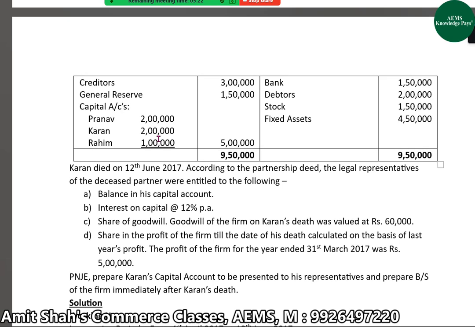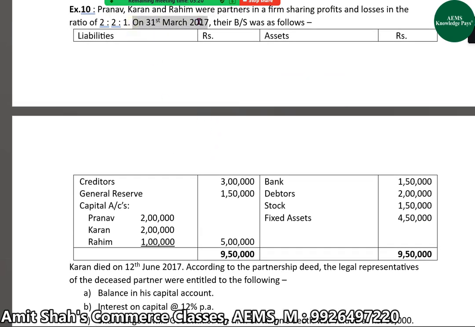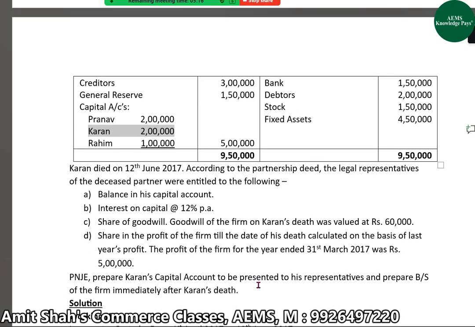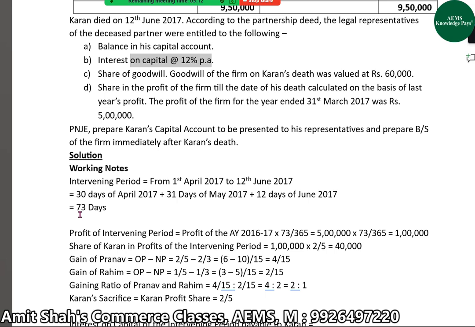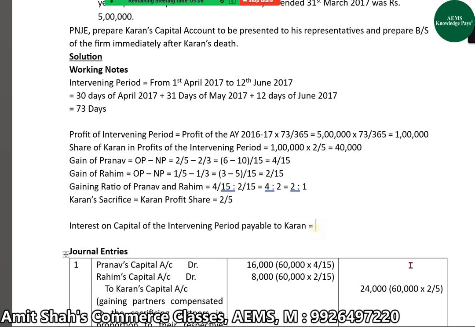His capital balance as on 31st March 2017 was 2 lakhs. On this 2 lakhs, the firm has to pay him interest at the rate of 12% per annum for 73 days of the intervening period. So that would be 2 lakhs multiplied with 12% into 73 divided by 365. Since this intervening period is in days, that is why we are dividing it by 365.